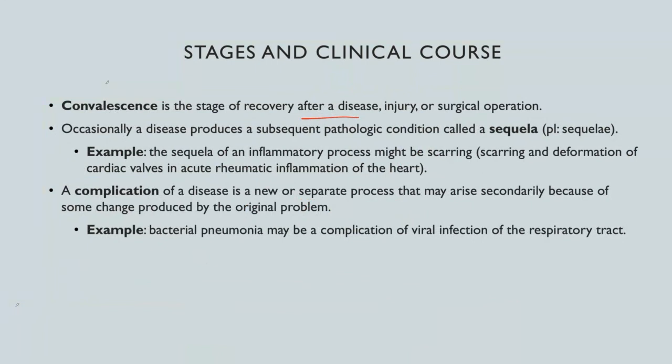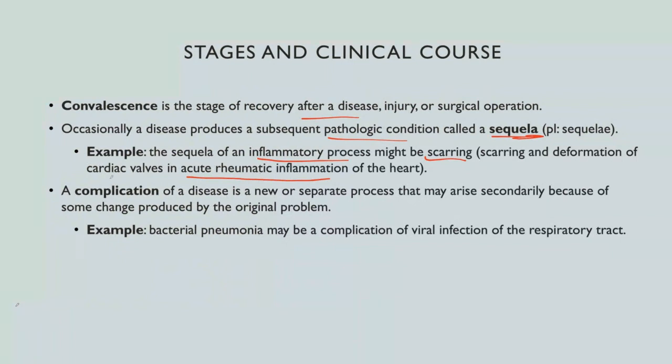For example, if someone has some neurological problems, they may start getting better over time with physical therapy, medications, etc. Sometimes diseases produce sequelae, which are permanent pathologic conditions, paralysis or blindness, etc. Scarring may be the sequela of an inflammatory process or a wound on the skin. Deformation, scarring of the cardiac valves as a result of rheumatic fever.